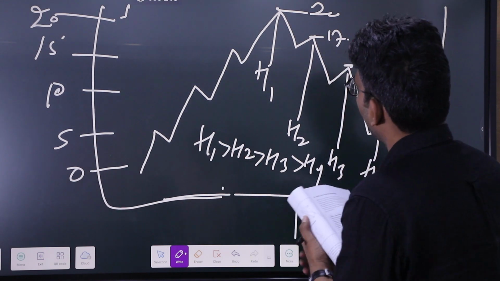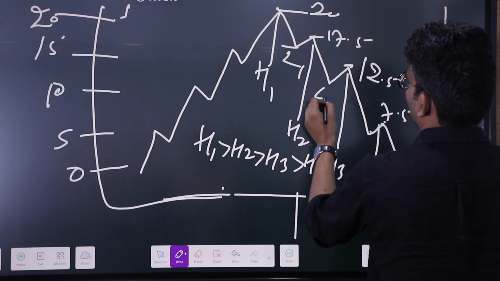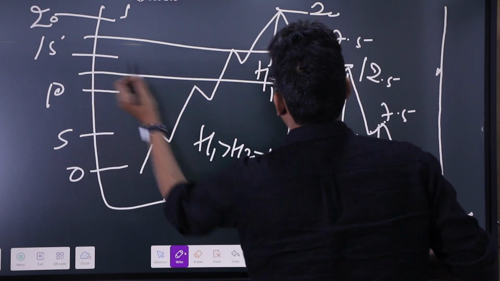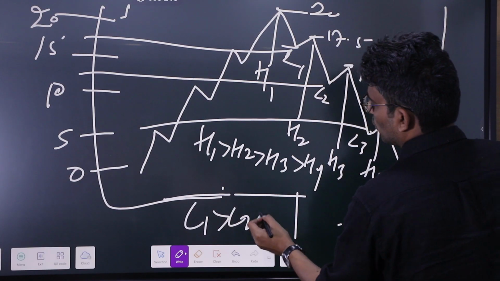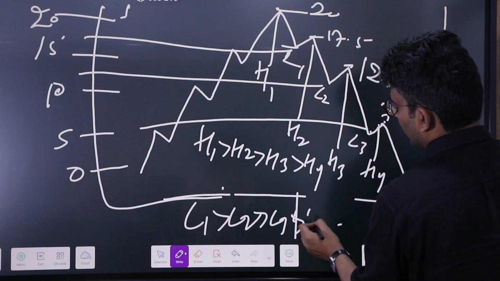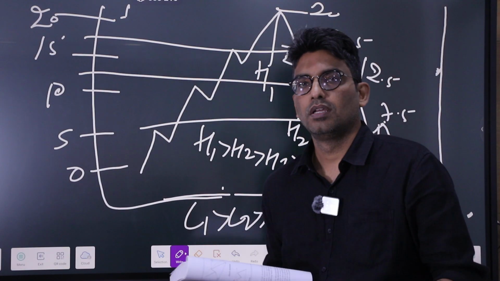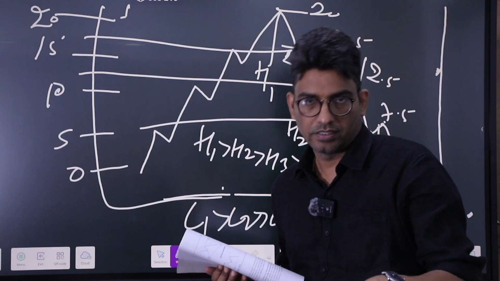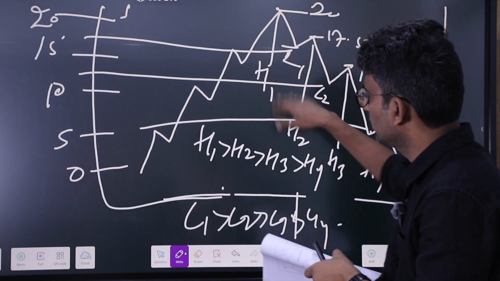Likewise, if you plot the lows, L1, L2, L3, L1 is greater than L2 is greater than L3 is greater than L4. That means it just keeps on falling and always makes a new low. The first low is above the second low, above the third low, above the fourth low. So that is this combination.